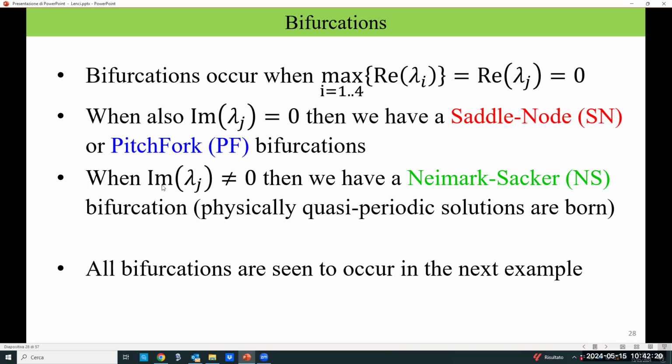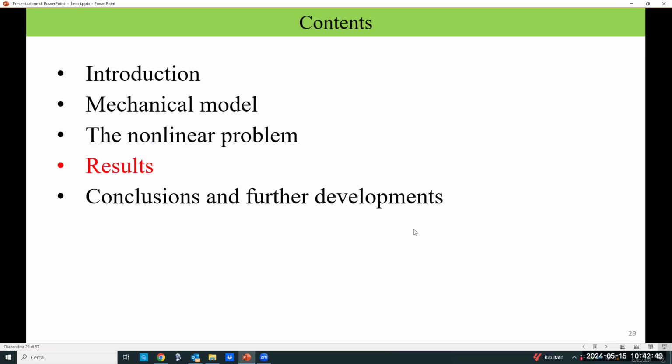If this happens when the imaginary part is different from 0, we have a Neimark-Sacker bifurcation, or the secondary Hopf, if you wish, which means that quasi-periodic solutions are born. This is quite technical. I have no time to go into the details, but you have to trust me for these slides. And all these three bifurcations, because also a pitchfork bifurcation can happen because of, let's say, symmetry, are seen to occur in the next example.